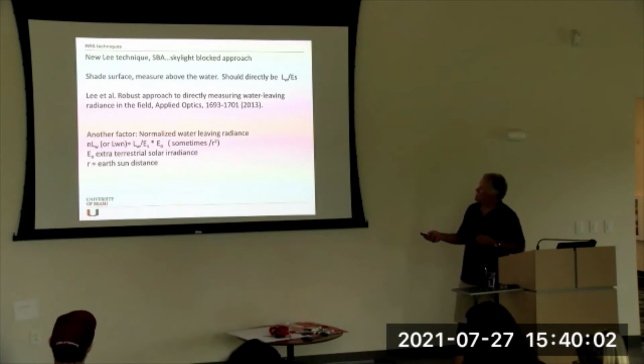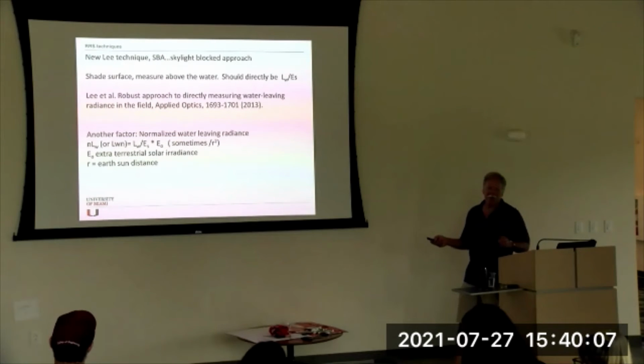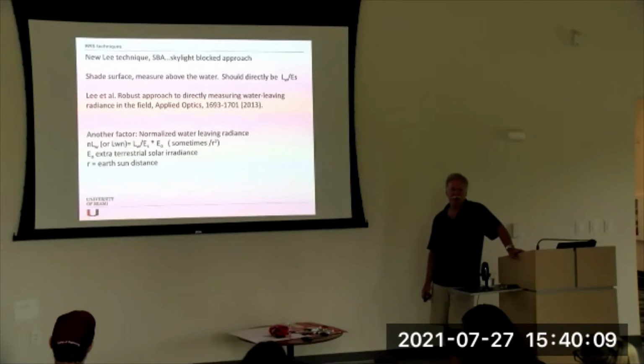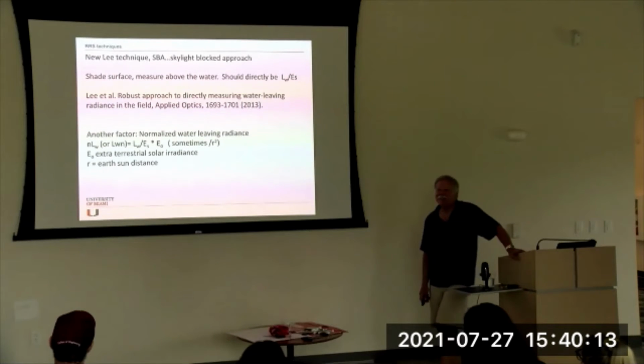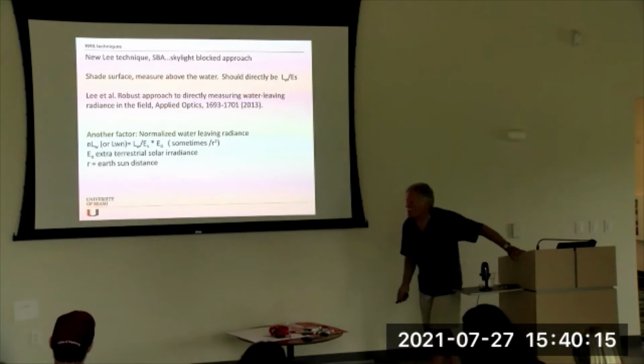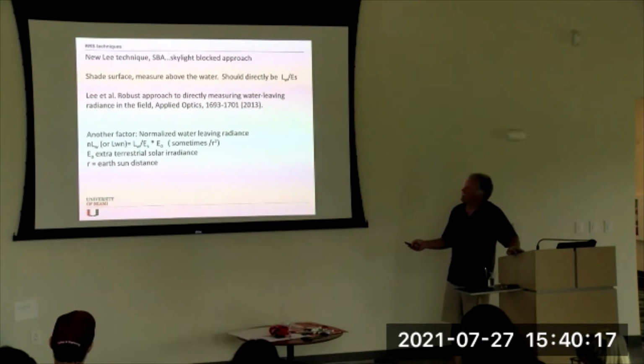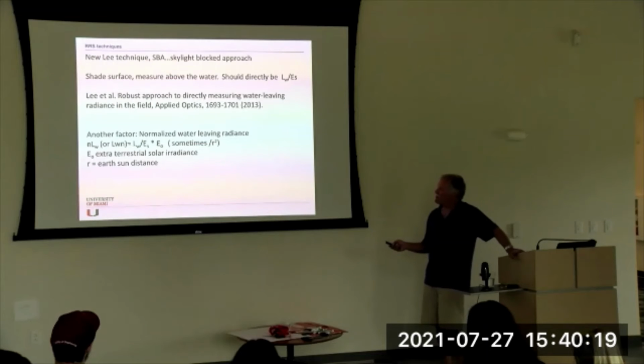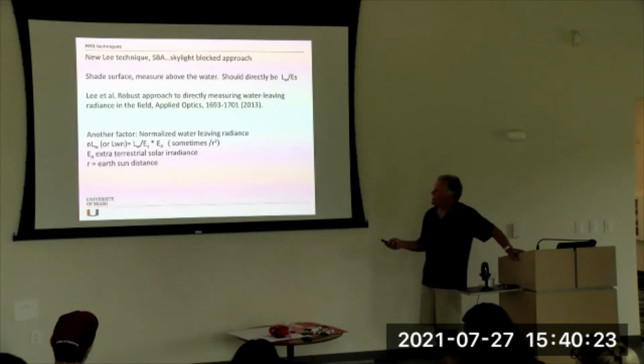If you look at remote sensing reflectance, what are the units? Steradians, right? Whatever units you want, microwatts per centimeter squared per nanometer is typically what I've used. So you have that per steradian for Lw, and microwatts per centimeter squared per nanometer for Es.